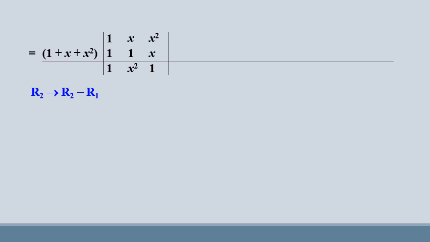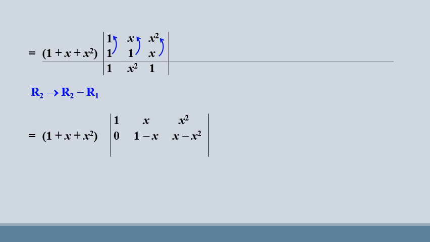Next we will fix the first row as it is and apply the operations on R2 and R3. On R2 we will apply the operation R2 implies R2 minus R1. So the first row elements will remain as they are. The first element of the second row minus the first element of the first row, we get 0.